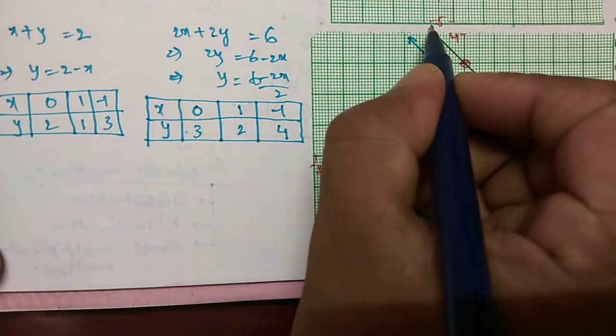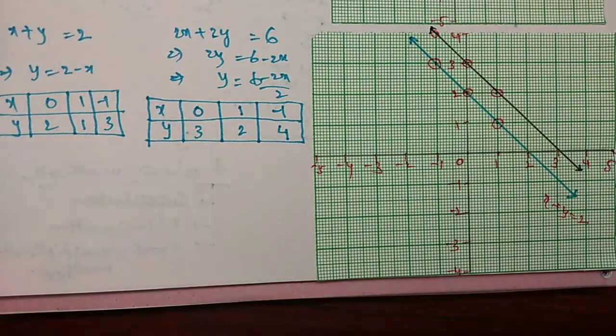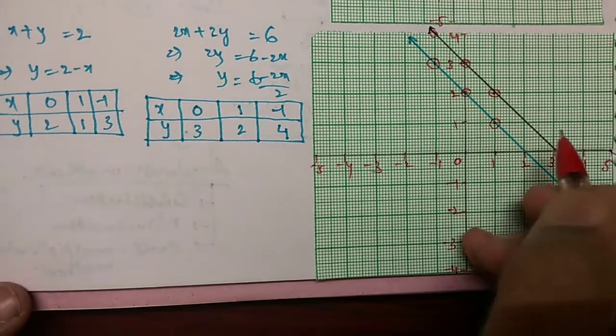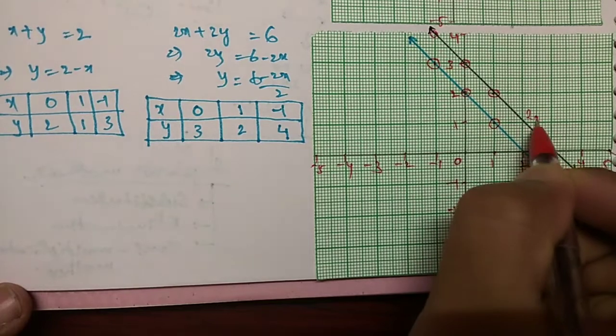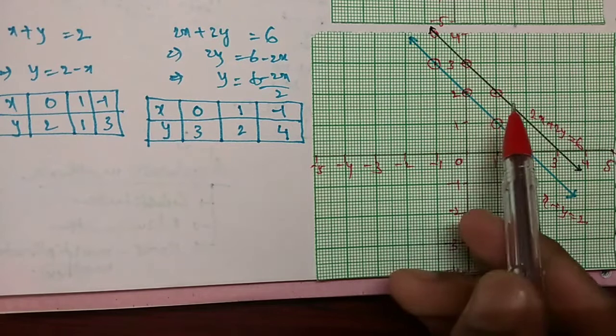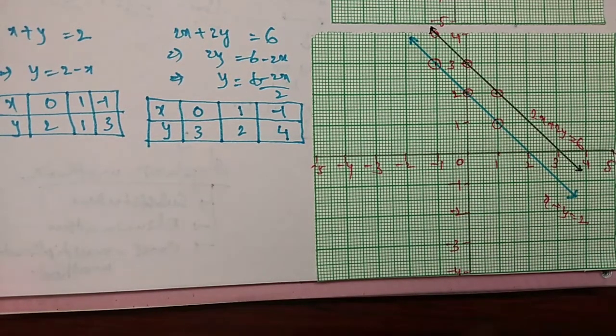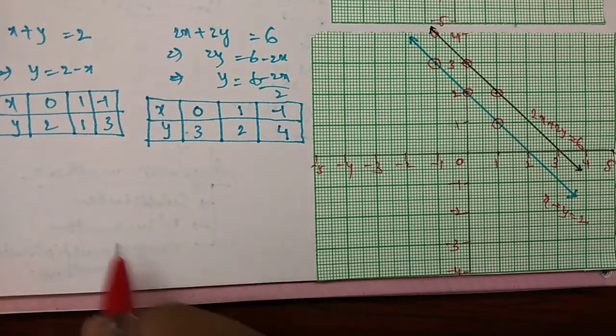If I extend them endlessly on both sides, these two lines do not meet anywhere. The equation of this line is 2x plus 2y equal to 6. So there is no common point of these two lines. So there is no solution. A solution does not exist in this case.